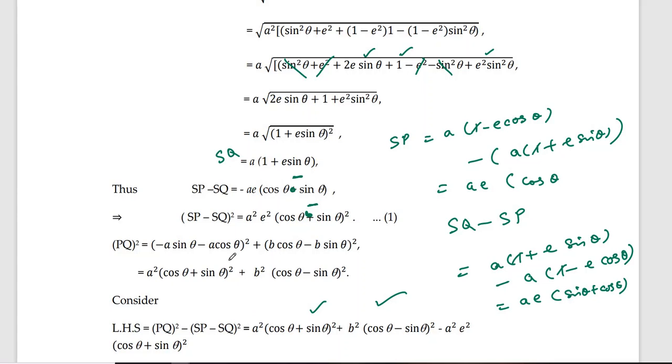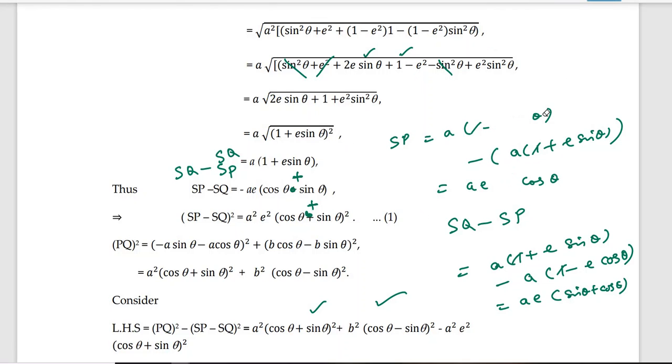So it should actually be SQ minus SP. So in that case you will have plus. Throughout you have this cos theta plus sin theta the whole square. Otherwise, if you have that as such, then you will have the negative sign.